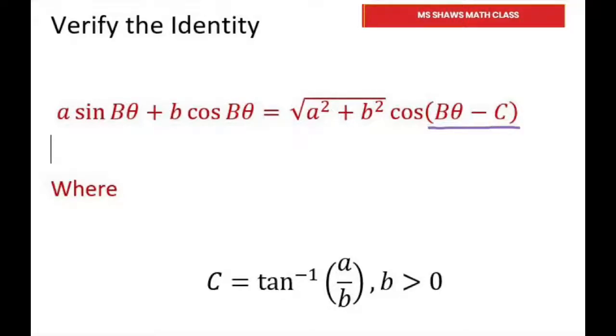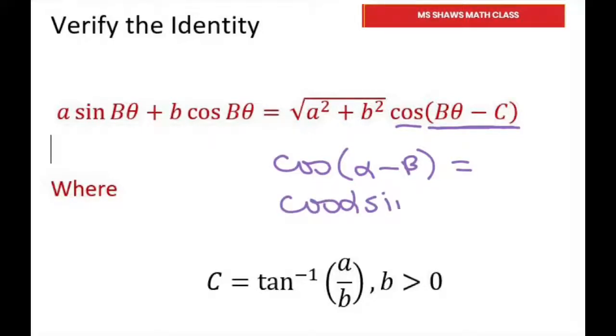We're going to have to use the difference formula for cosine, and I'm going to write that here. Cosine of alpha minus beta equals, so you're going to need to know this, cosine of alpha cosine of beta plus sine of alpha sine of beta.